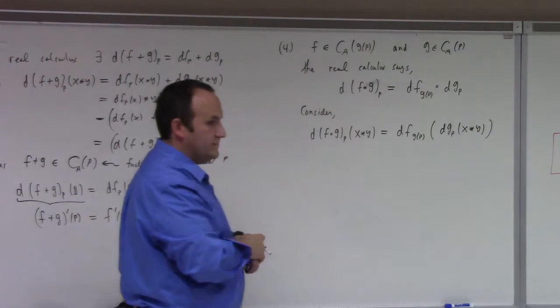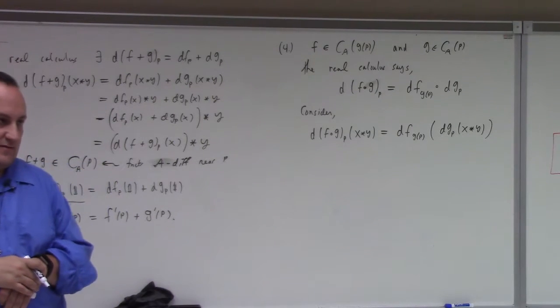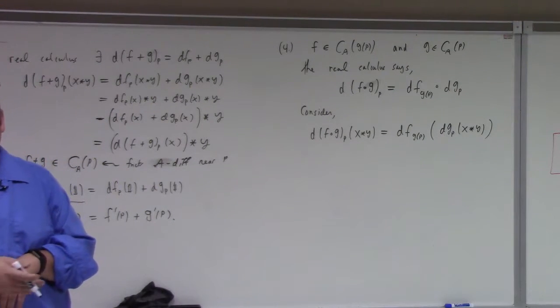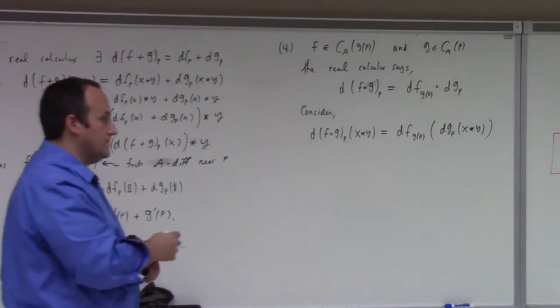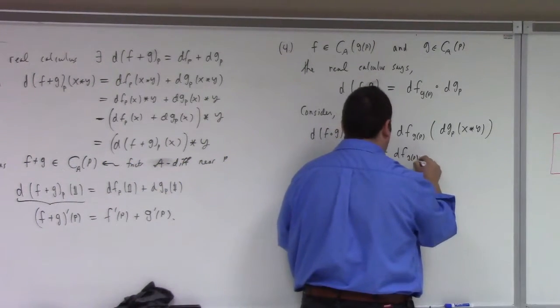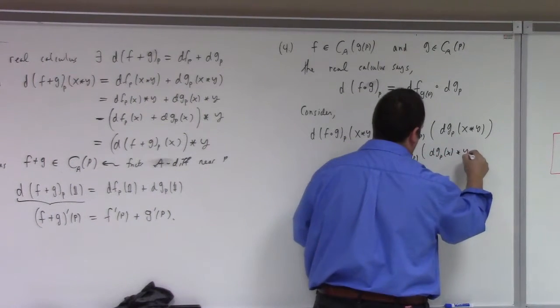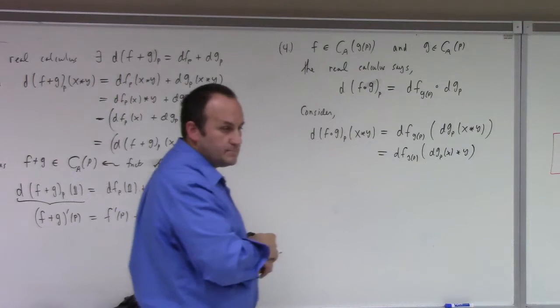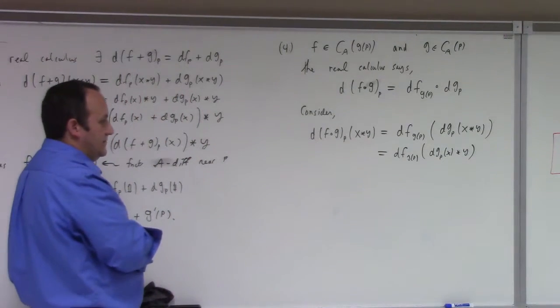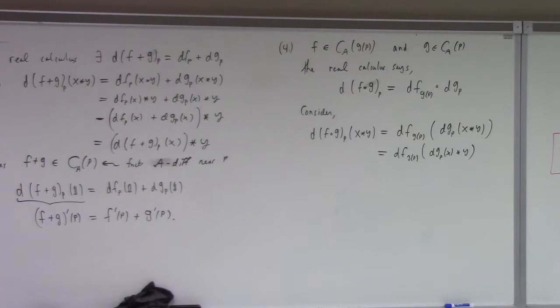But we have right linearity of the differential of G, so we can pull out the multiplication by y on the inside. So we get it like that. But then, we also know that the differential of F has got the right linearity.